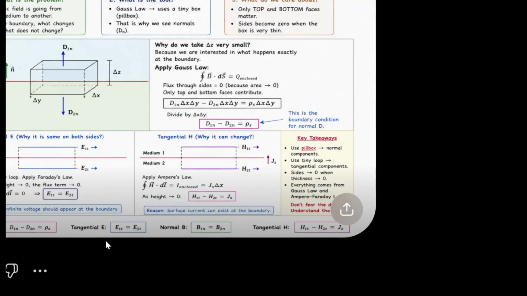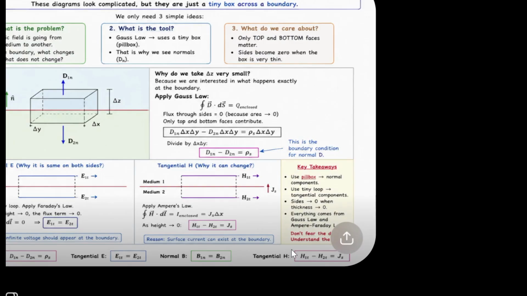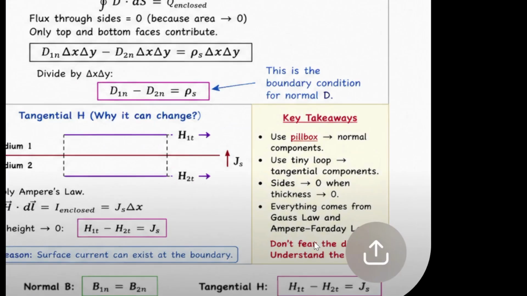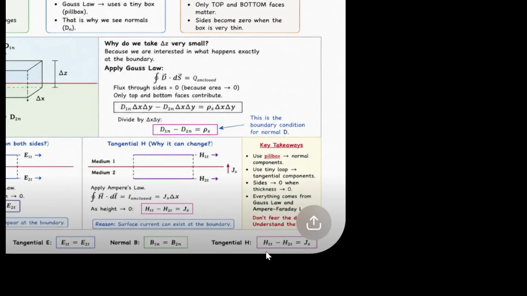Tangential E1t equals E2t. Normal B1n equals B2n. Tangential H1t minus H2t equals Js. These two are understandable. These two tangential, why is it the same on both sides?